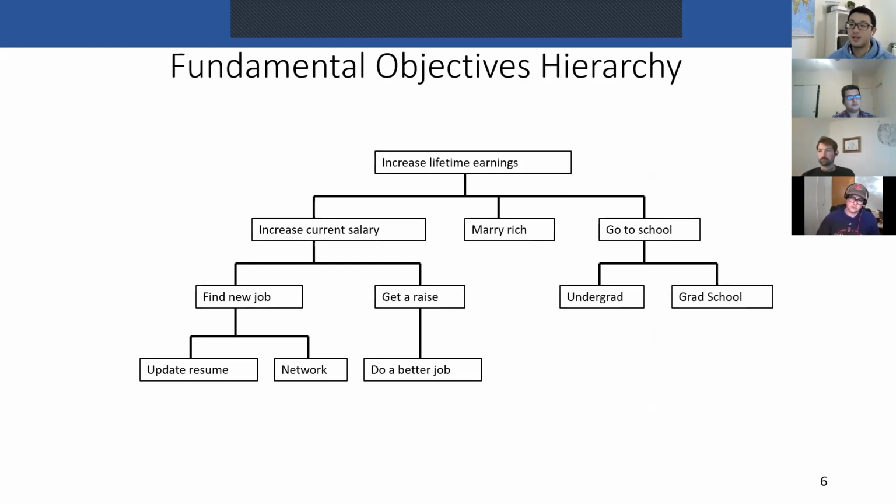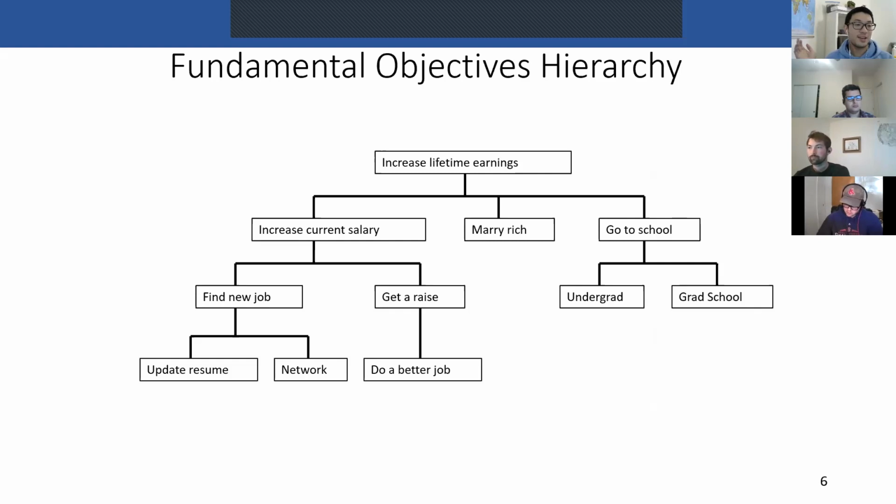Fundamental objectives hierarchy is basically a way that you can structure a network graph that will show you a hierarchy of your objectives and how you break that down into different decisions. This is just a really basic example. Say your objective is to increase your lifetime earnings.